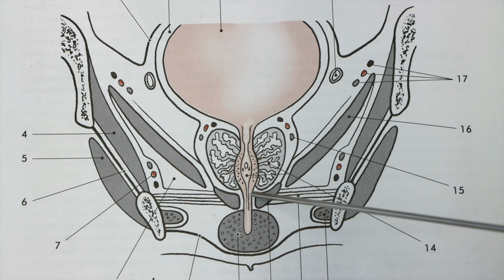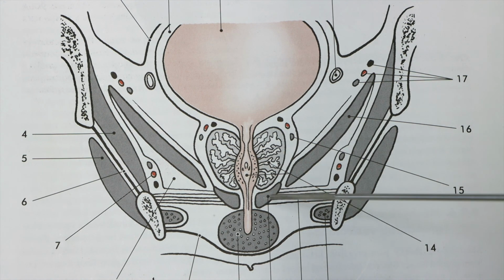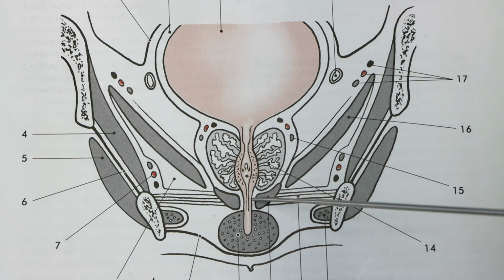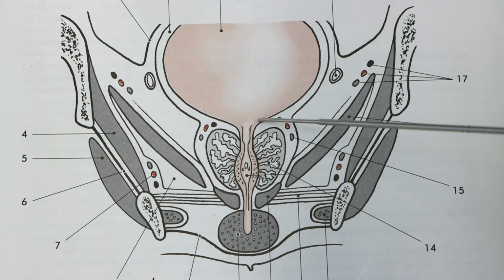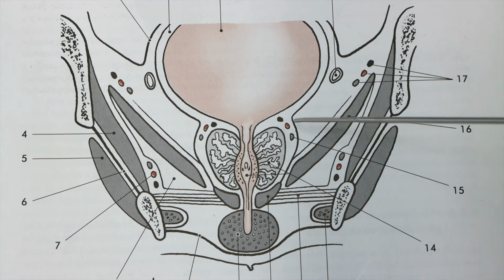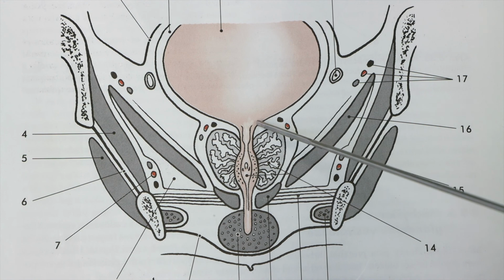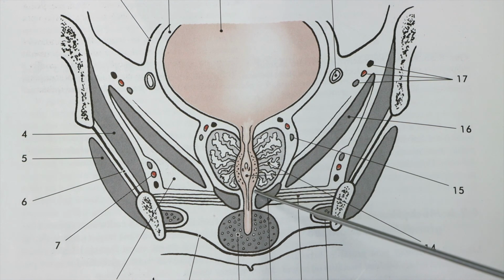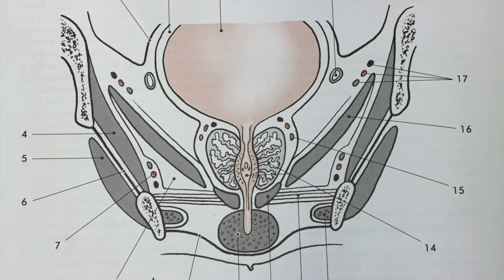We have also the external urethral muscle, and we have also the internal urethral muscle, which is a continuation of the vesical sphincter, which continues to the urethra, and it prevents the sperm, ejaculatory fluid and urine from going back to the urinary bladder.